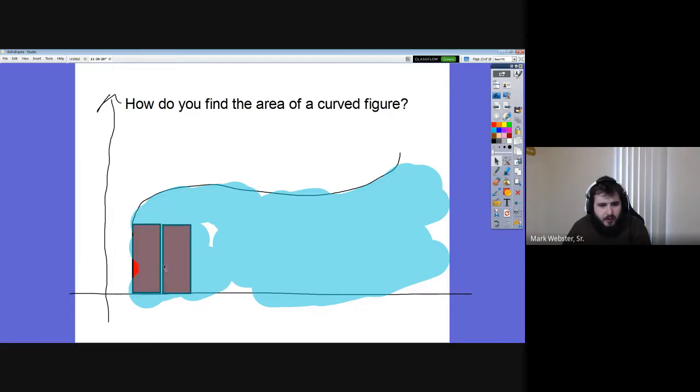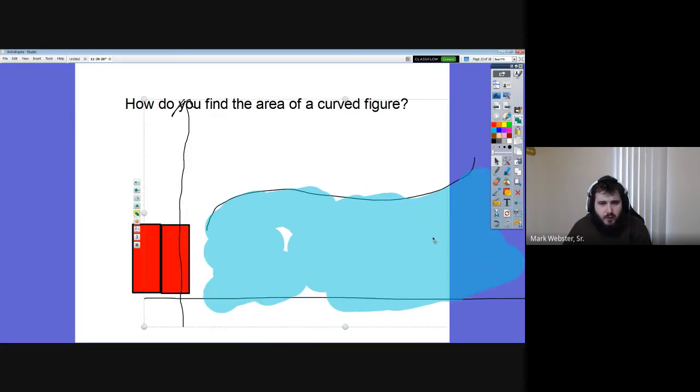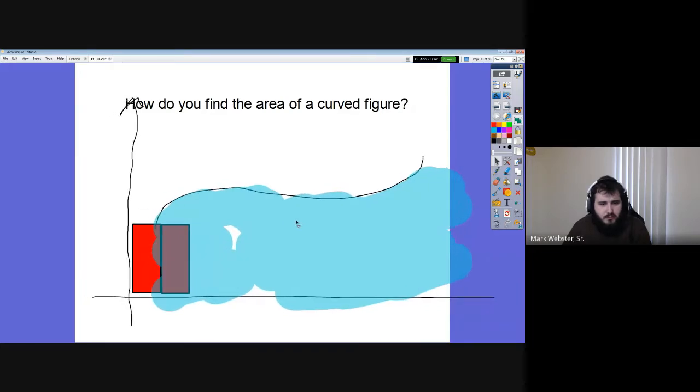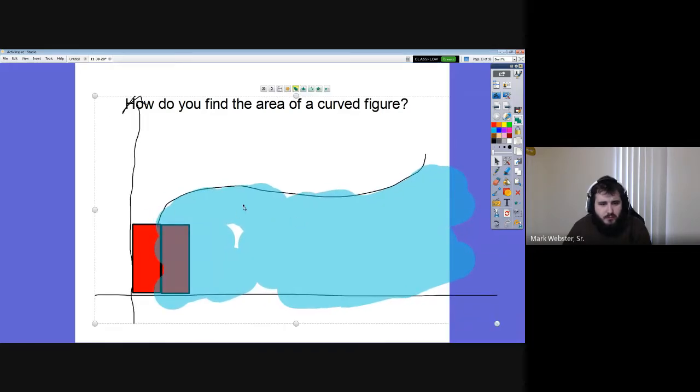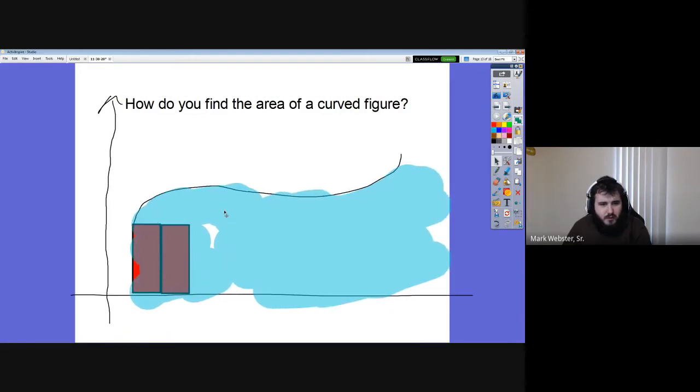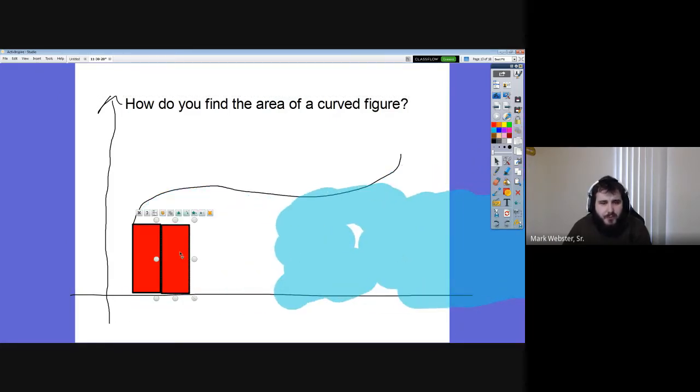And this one I can move out of the way. All this being stuck together. Let's unstick it and then move you. There we go. All right.